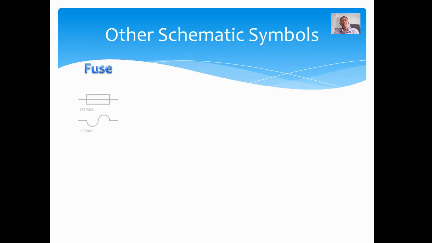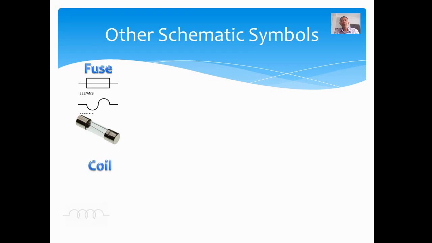Another is the fuse. There is the symbol for the fuse. A fuse is basically used for protecting the circuit or the device against overloading. So this one is a fuse.